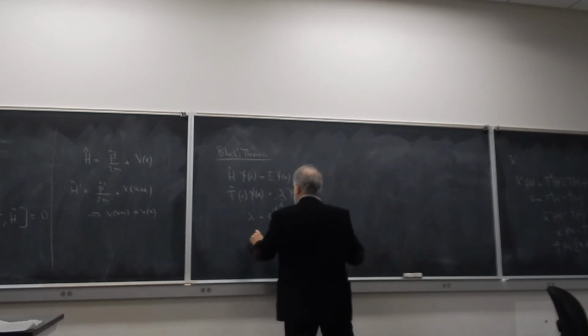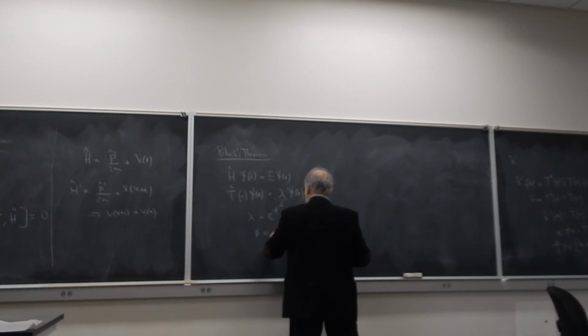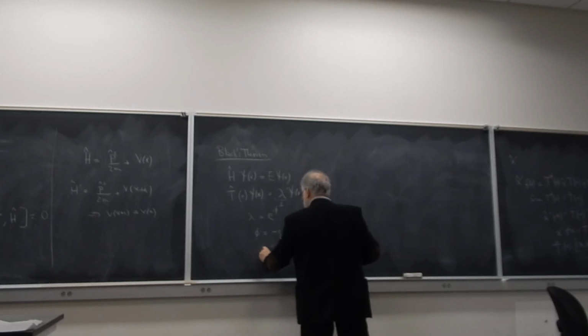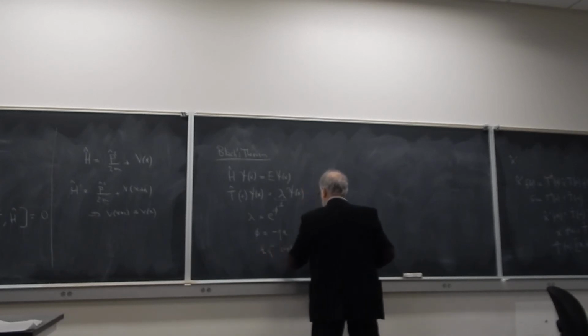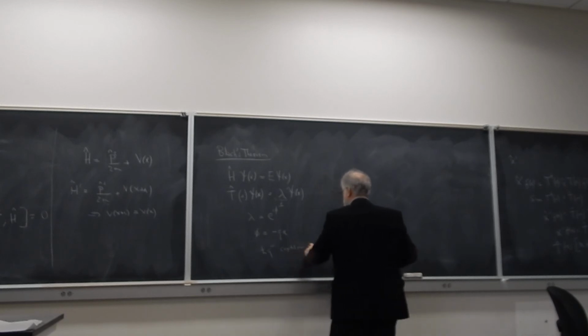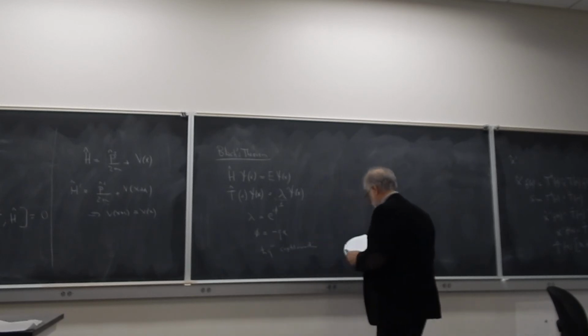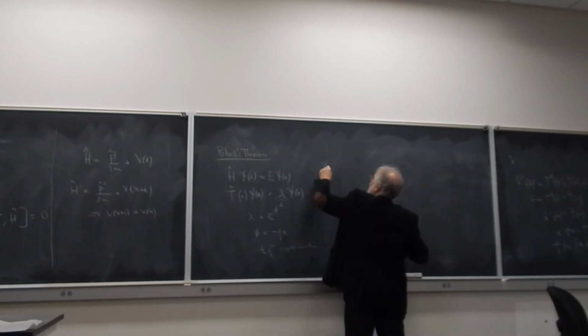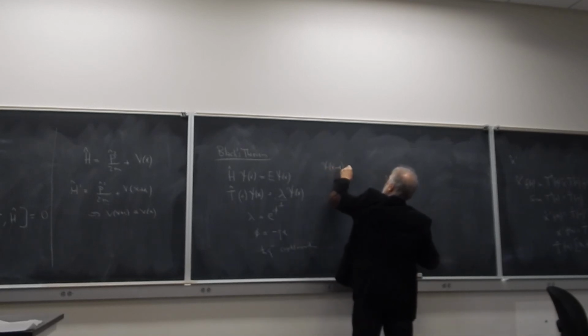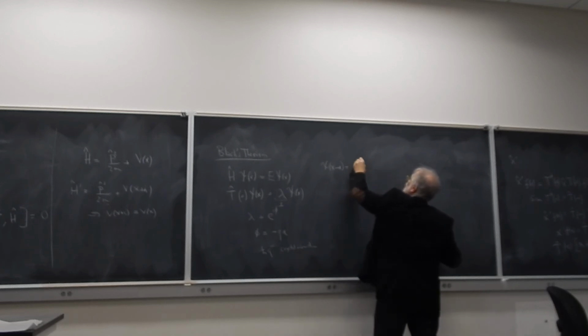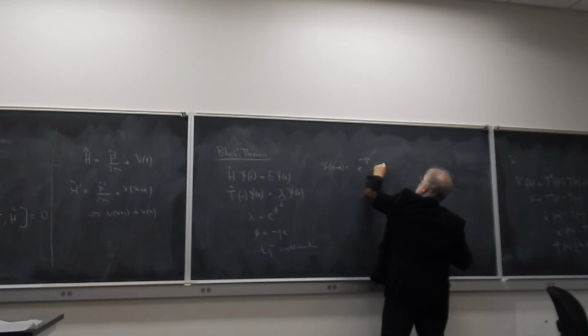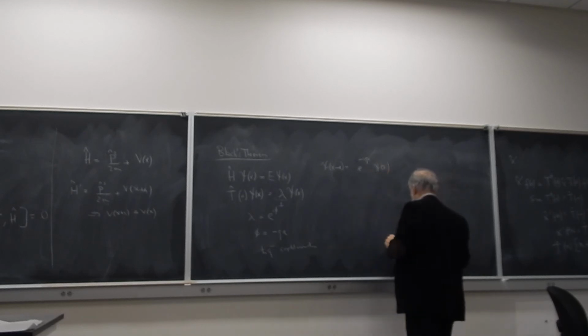Typically, we write phi by convention as minus q times a, where we define h bar q as a crystal momentum. You'll learn more about this when you take the solid state physics class. Such that psi of x minus a is equal to e to the minus i q a times psi of x.